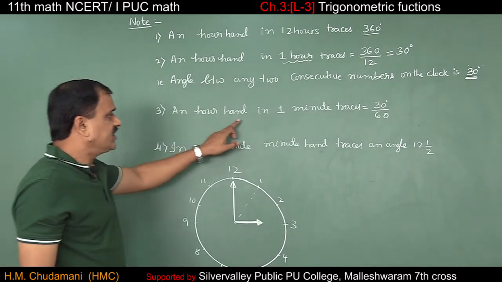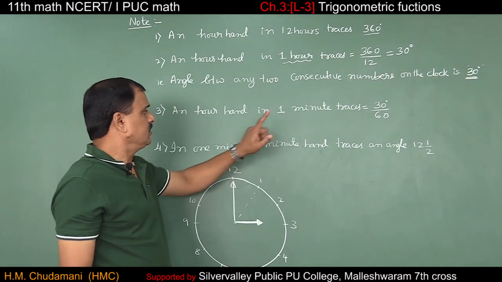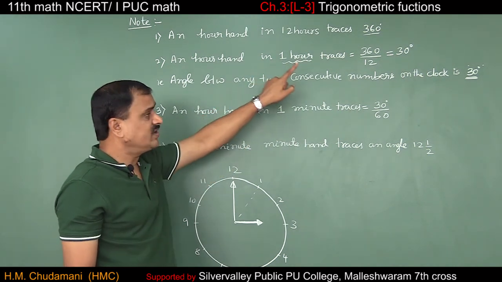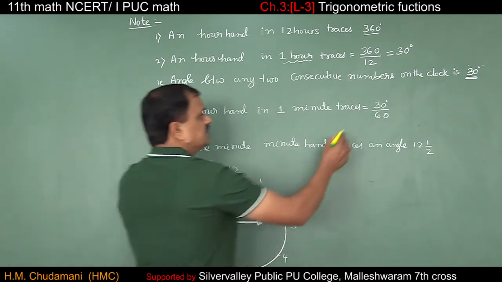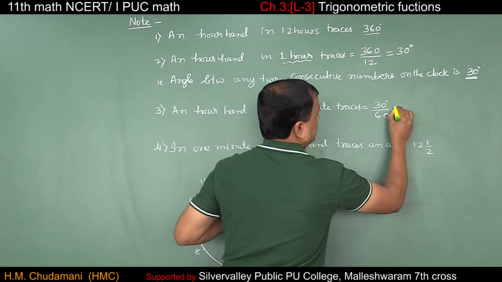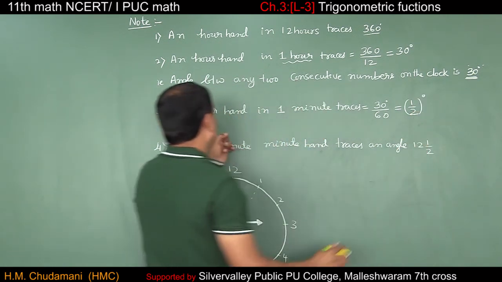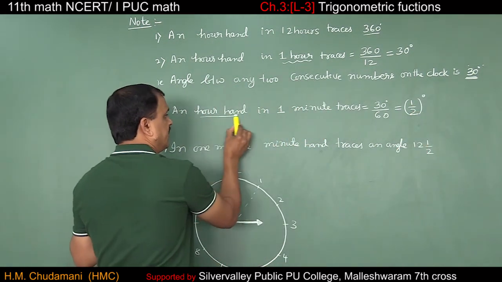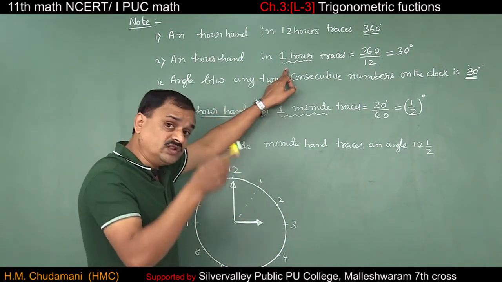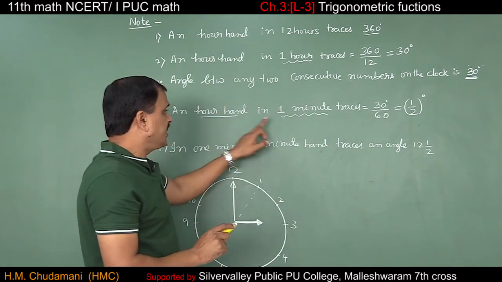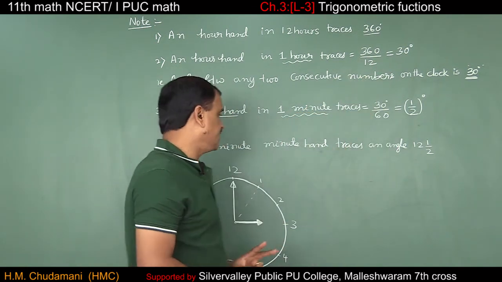Third one, the hour hand in 1 minute. In 1 hour the hour hand moves 30 degrees. 1 hour is 60 minutes, so in 1 minute it is 30 divided by 60, which is half a degree.